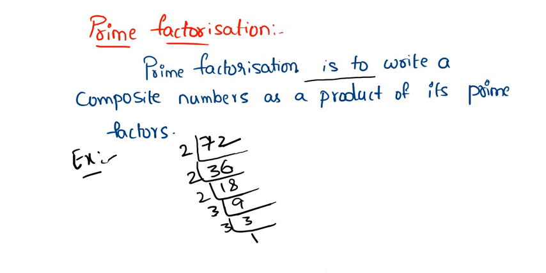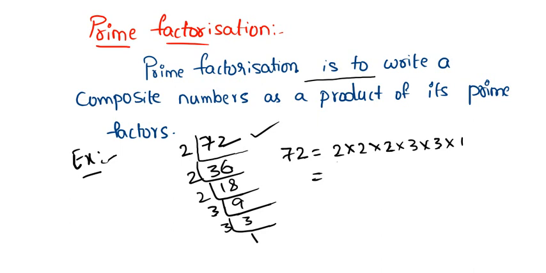This is the method to get the prime factors of a given number, whether composite or any other number. Here we can represent 72 as 2 into 2 into 2 into 3 into 3 into 1. Mentioning 1 is not necessary, though there is no problem if we do.